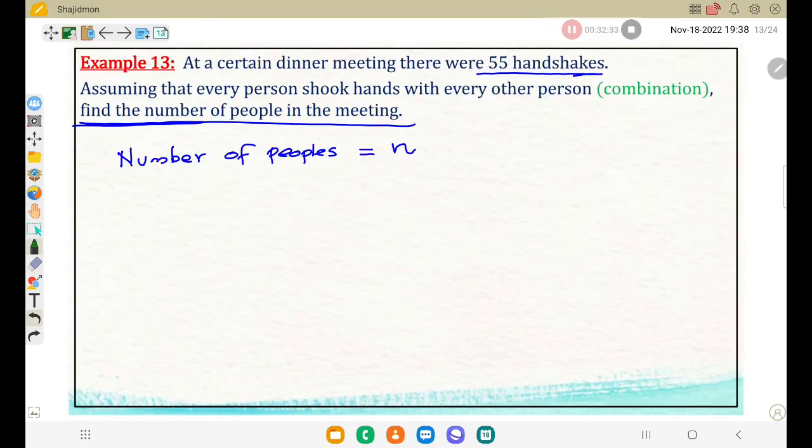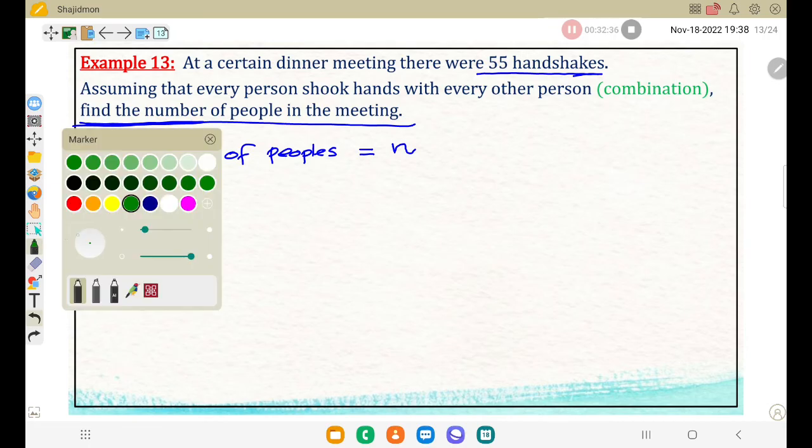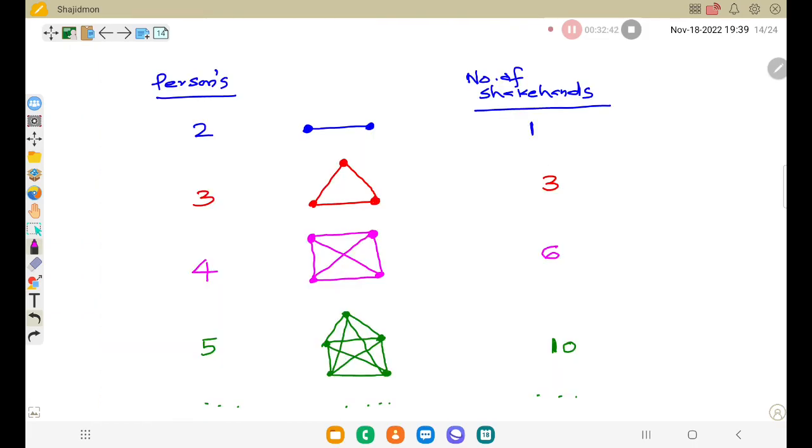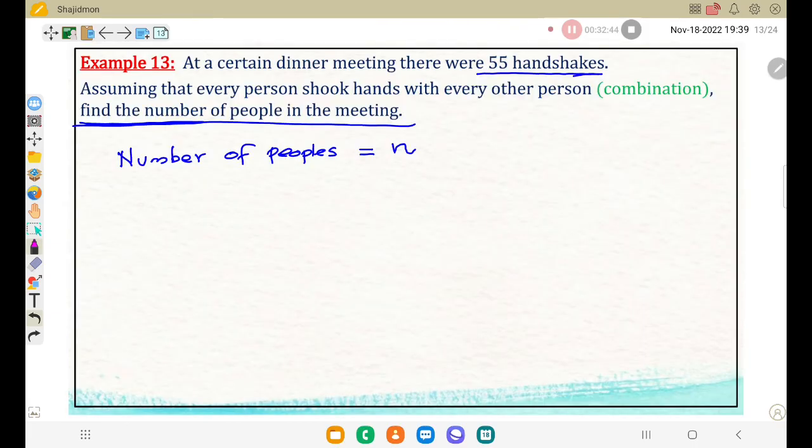Okay, so now I hope the question is clear. In a certain meeting, there are 55 shake hands. So how many persons are in that meeting? In this question, the number of people I am just taking as n. n people are there. So what is our question? How many two-combinations can we take from n people?